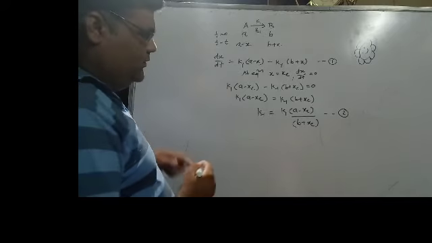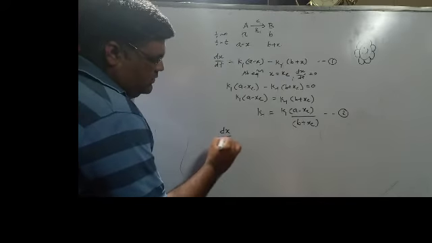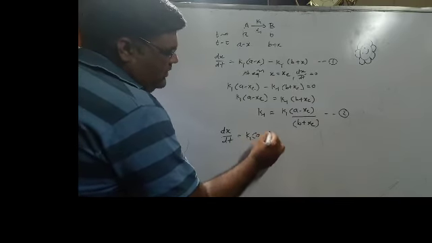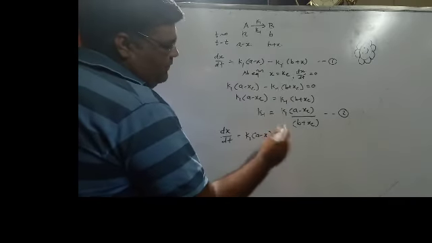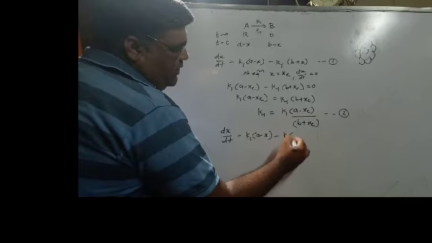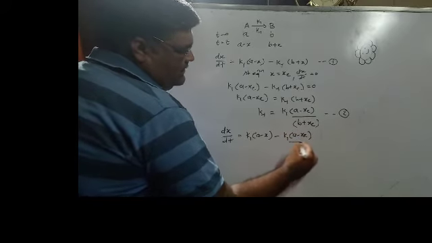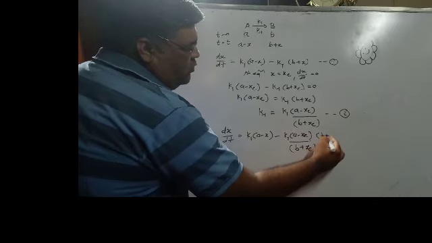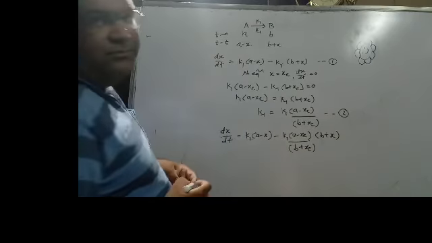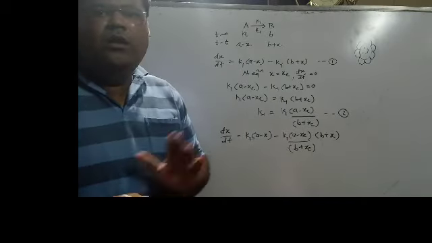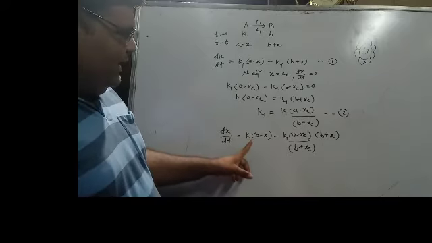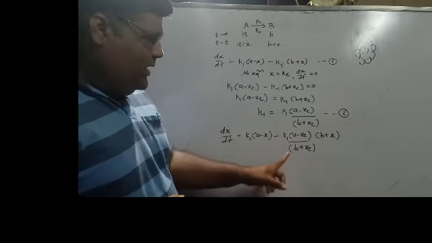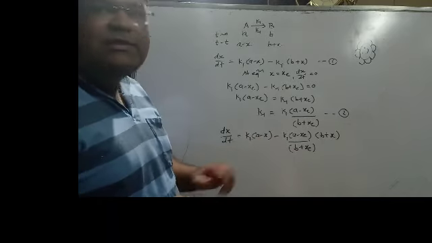So our equation becomes dx by dt is equal to K1 (a minus x). Now we will substitute the value of K minus 1, that is K1 (a minus xe) upon (b plus xe), into (b plus x). Now in this term we will take K1 as common factor, so we are taking it outside and cross multiplying this with (b plus xe).